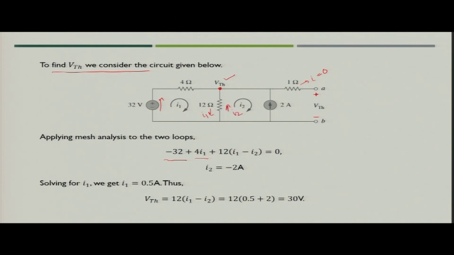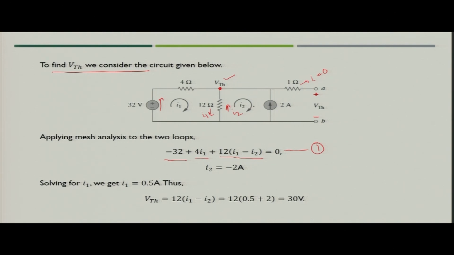So, net current would be I1 minus I2. So, this will become 12 into (I1 minus I2), and that would be equal to 0. So, this is the first equation which you get from mesh 1.